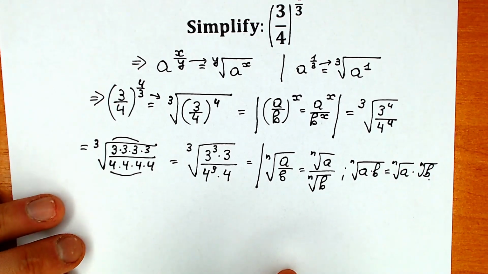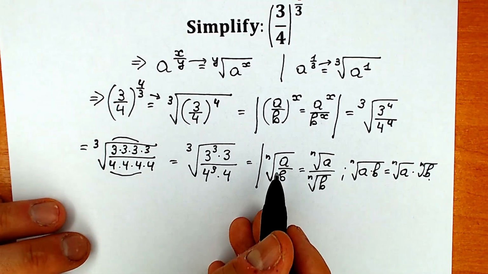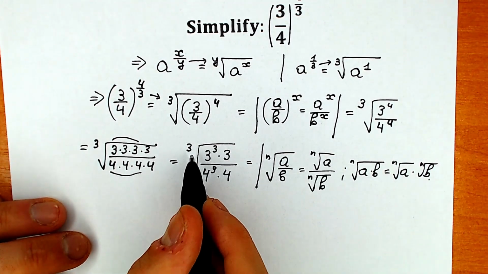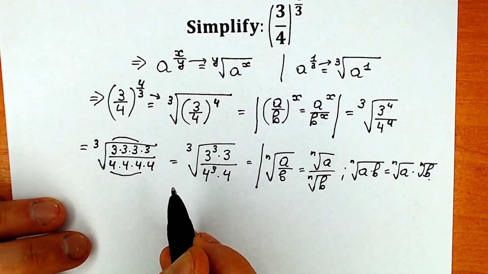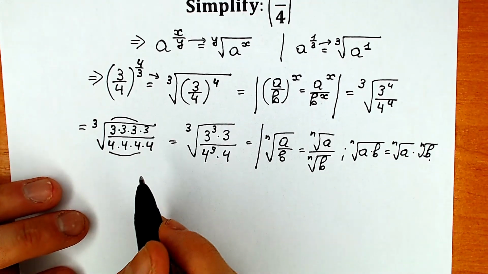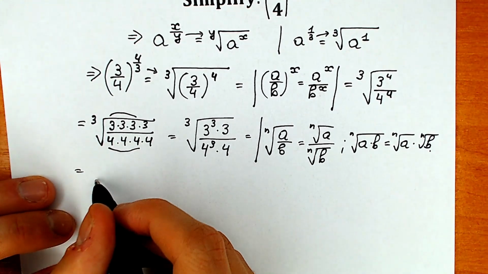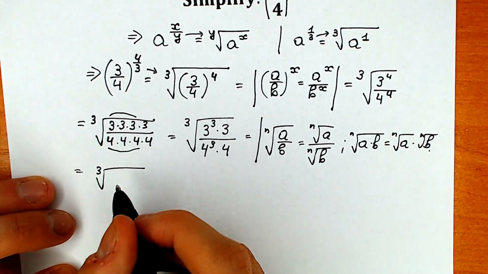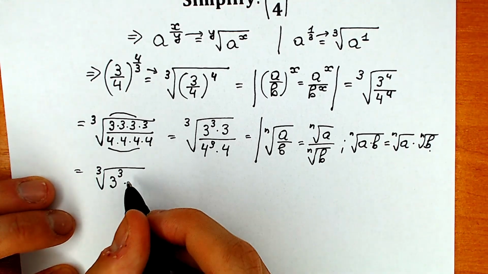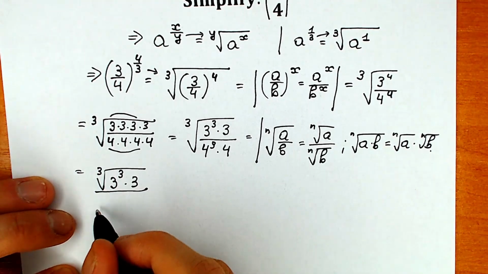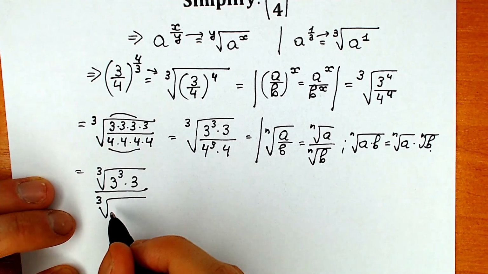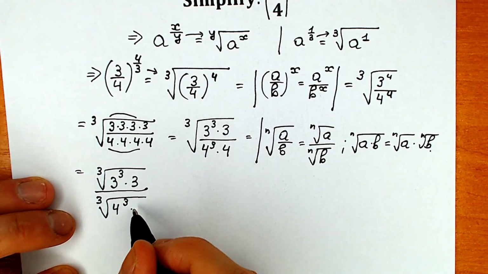And right now let's apply these rules. First of all, let's apply our fraction rule. Let's divide it as the cube root of the numerator divided by the cube root of the denominator. Let's see what will happen. So we have the cube root of our numerator, 3 cubed times 3. We divide it by the cube root of our denominator, 4 cubed times 4.